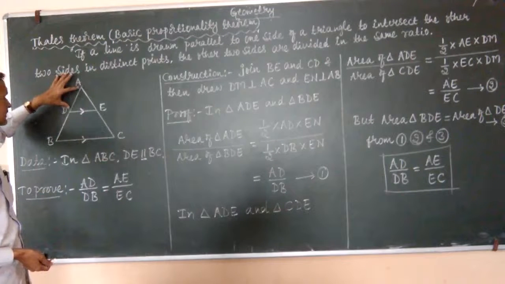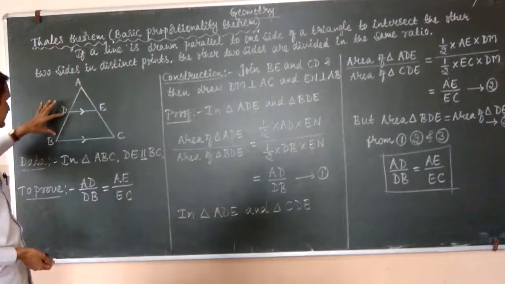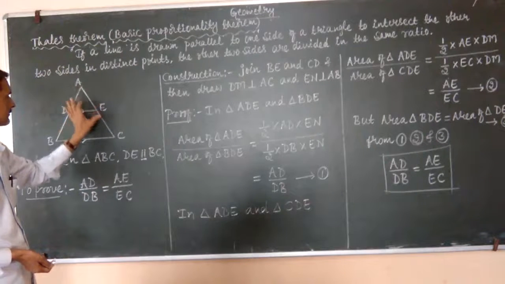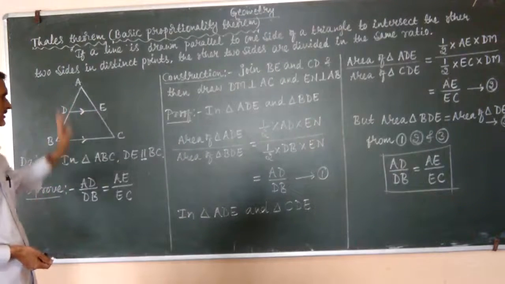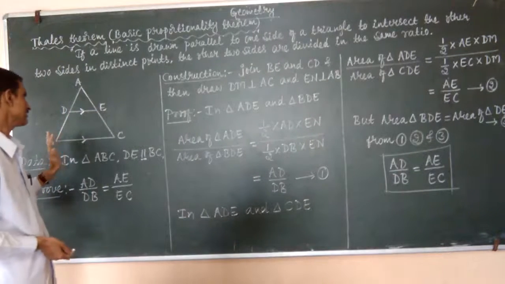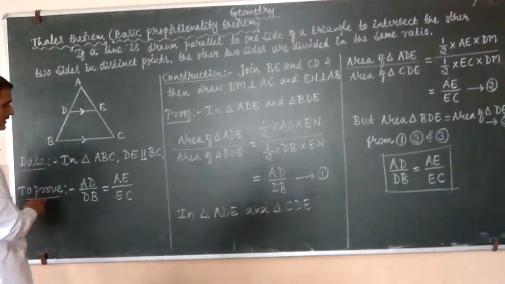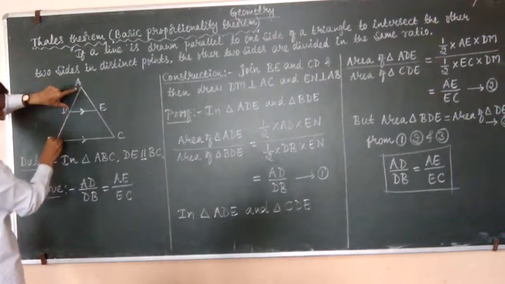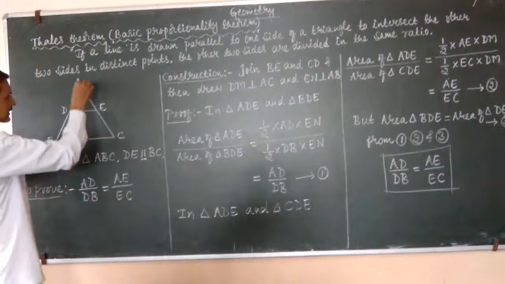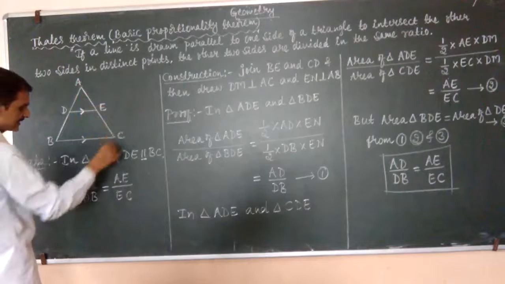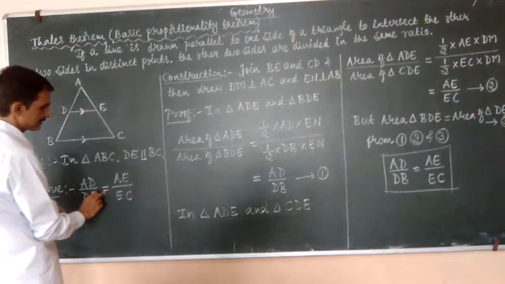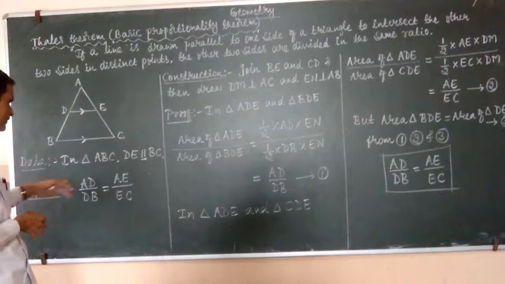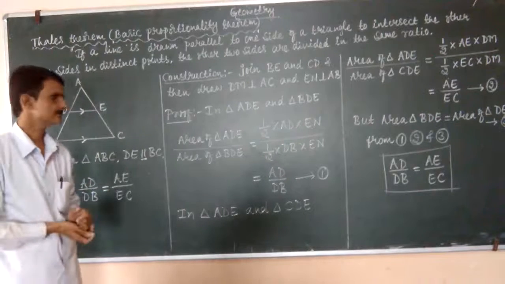That means AD by DB is equal to AE by EC. That we have to write in the proof. Therefore, to prove: AD by DB equals AE by EC. This we are going to prove in the theorem.